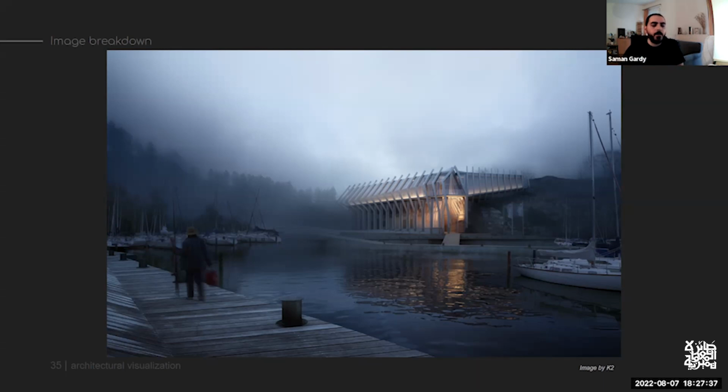I would say try whichever you are comfortable with. Try to use a couple of them. Let's say use 3ds Max, use SketchUp, use Blender, and then see which one makes you say, okay, I like this one, I go for this software, and I can make the best images with this software.